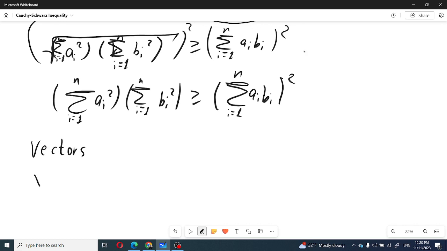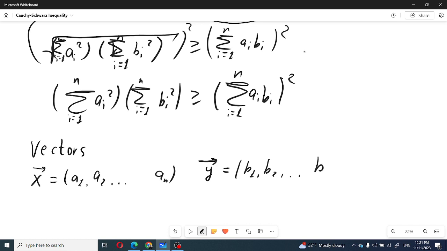If we are given any vector x in n dimensions, its coordinates are a1, a2, all the way up to an, and the y vector's coordinates are b1, b2, up to bn.